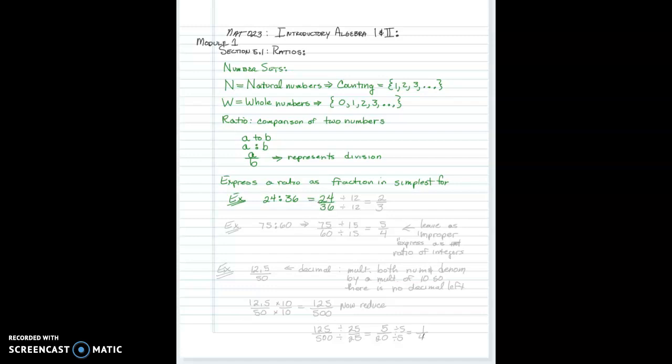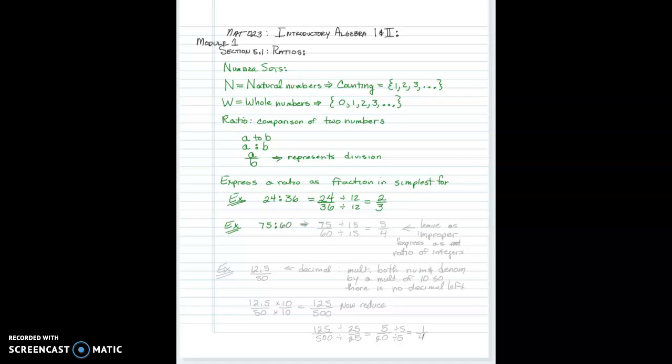Instead, let's look at another example. Let's look at the ratio of 75 to 60. As a fraction, that would be 75 over 60. I can divide both the numerator and denominator by 15, which gives me the ratio of 5/4.